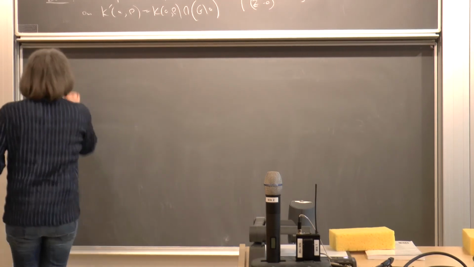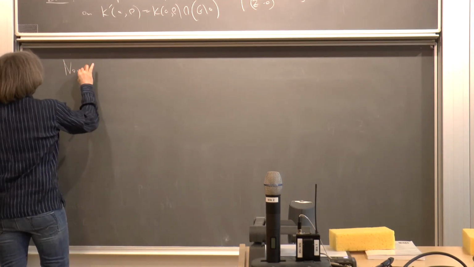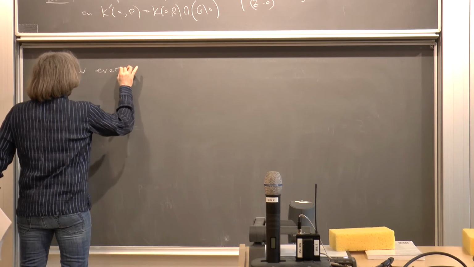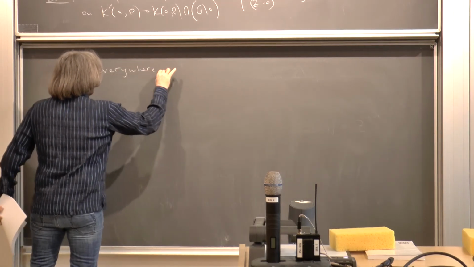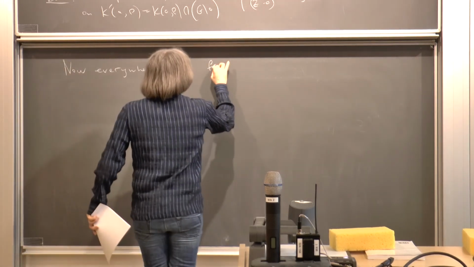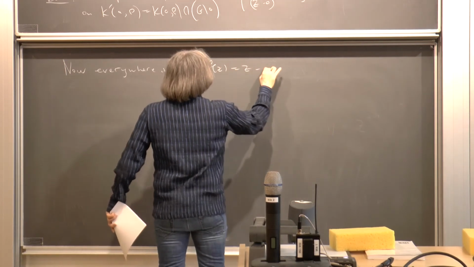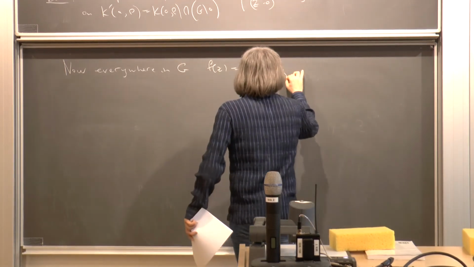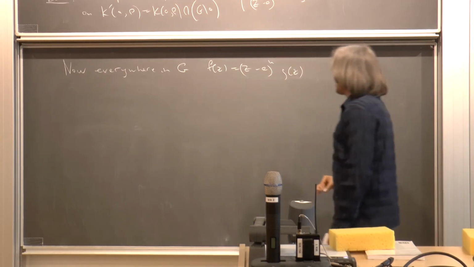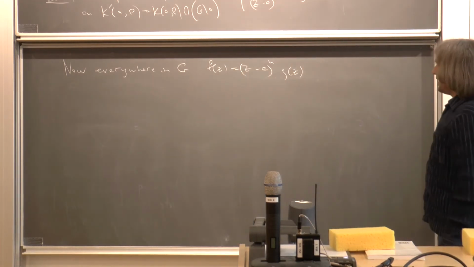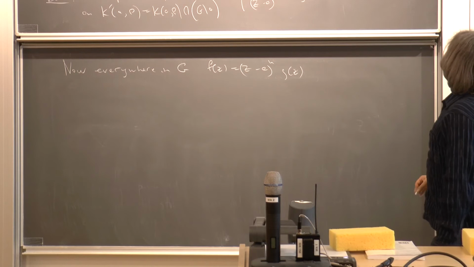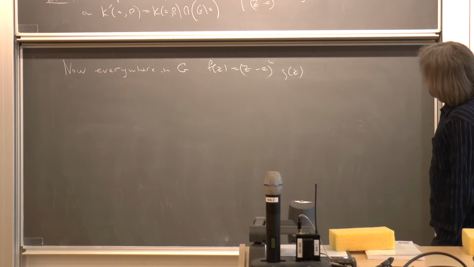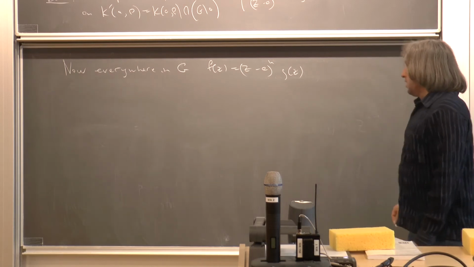So now, everywhere in G, f of z is z minus a to the n times g of z. It's true outside of the point a, and it's true in the disk of convergence. So it's true everywhere.